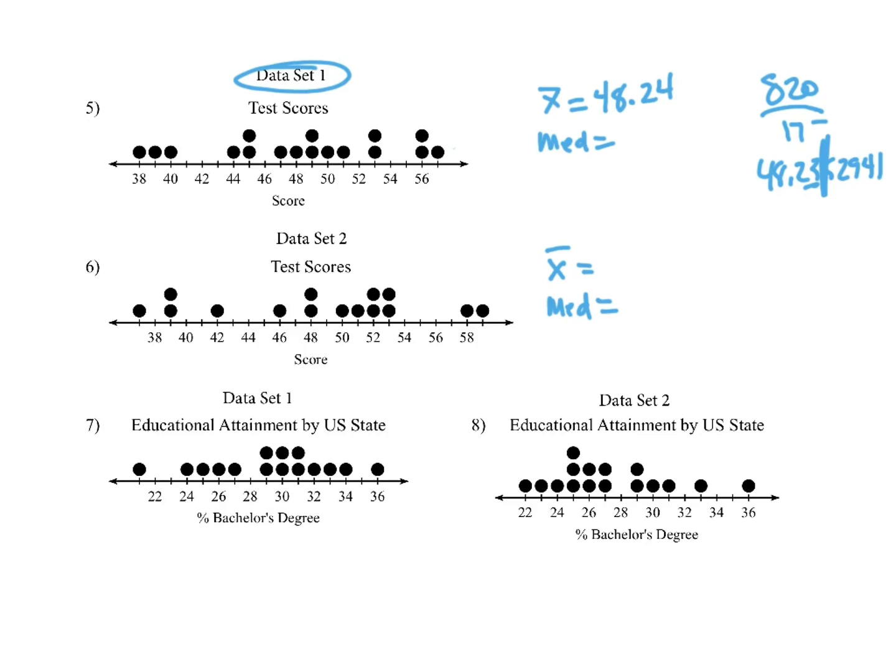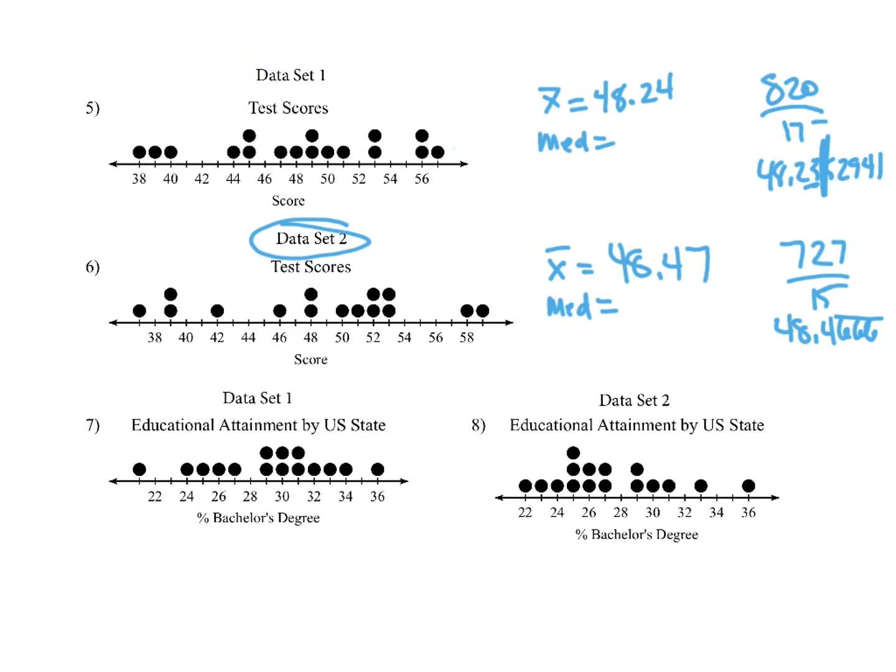So I actually redid it and I got 727, so I must have missed a piece. Divide that by 15 and we get 48.4666 repeated. So 48.47. Okay, so this one, data set 2, was actually bigger on the mean, which is kind of what I suspected, because it seemed like they have a lot more data that was up in that higher area.